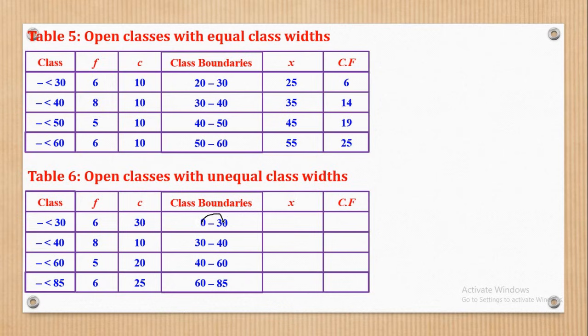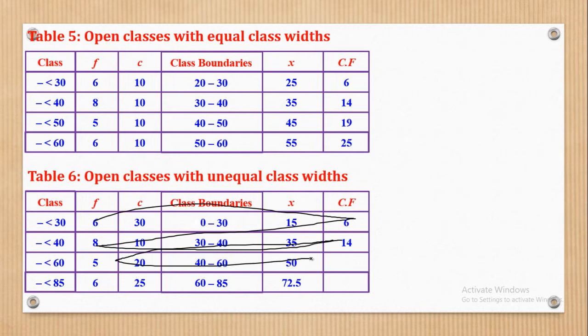Therefore this plus this over 2 gives you that, this plus this over 2, this plus this over 2, this plus this over 2. Okay, the next is cumulative frequency. This, put it here, then this plus this gives you this, this plus this gives you that, this plus this gives you that, and that is your cumulative frequency column.